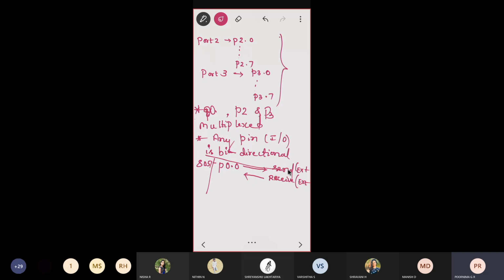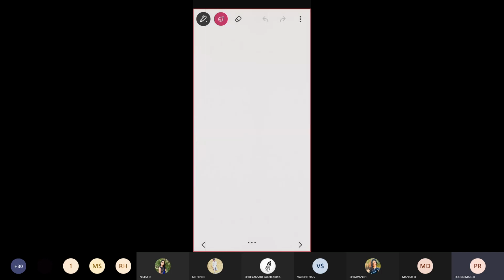Now, how are the different functionalities of all the ports connected to the 8051? If you take the internal architecture, I have just shown you port 0, port 1, port 2. But when the complete circuitry is considered internally, any port is connected to the external world through the latch, buffer, and driver.